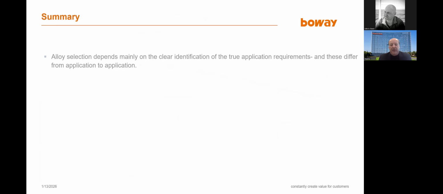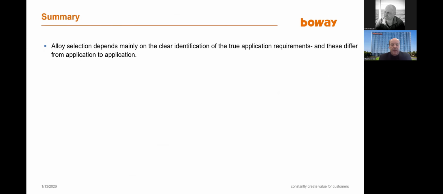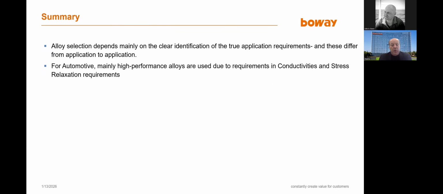Okay, so I'm at the end now, and I have to say in general, alloy selection depends very clearly on the identification of the true application requirements. So it depends from application to application. That's why we have technical marketing, and we will support you around the world with that. For automotive, we have mainly high performance materials, and these are used very much driven by conductivity and relaxation.